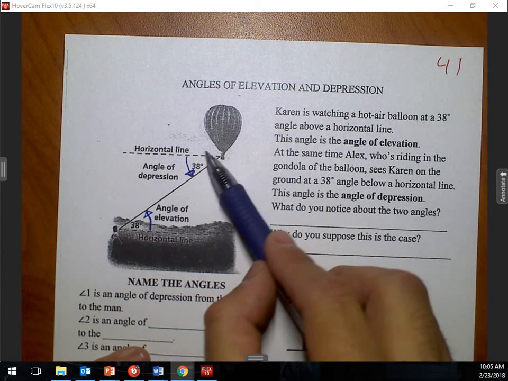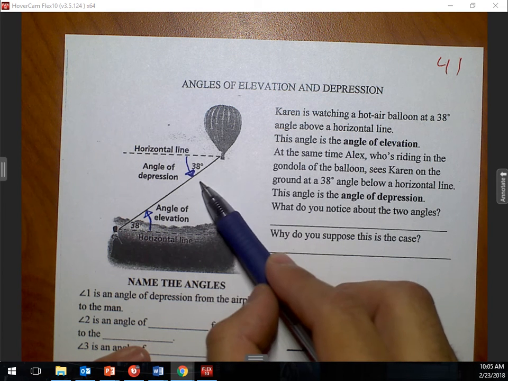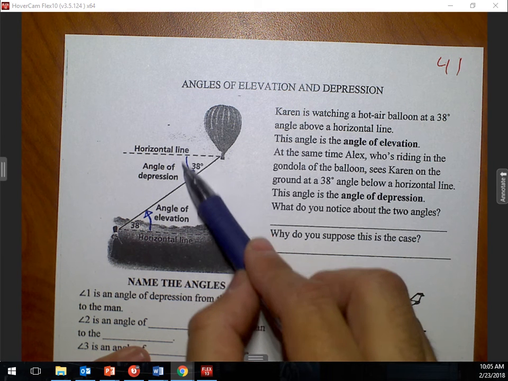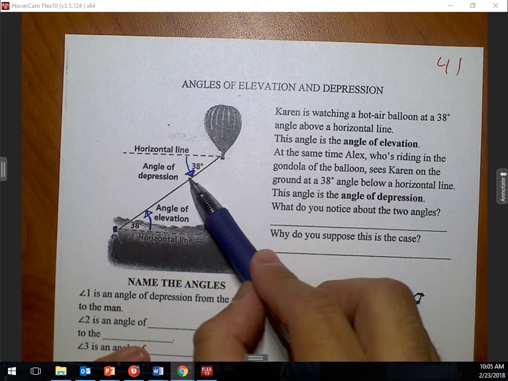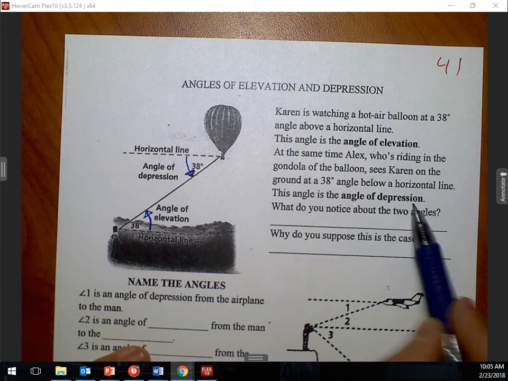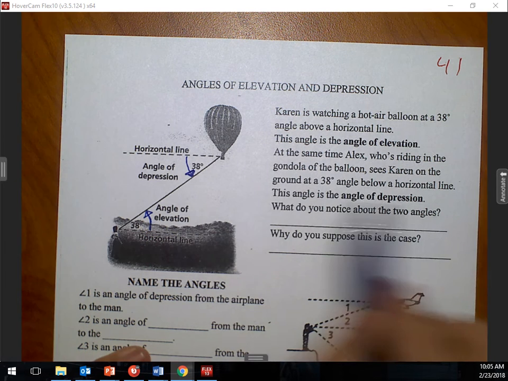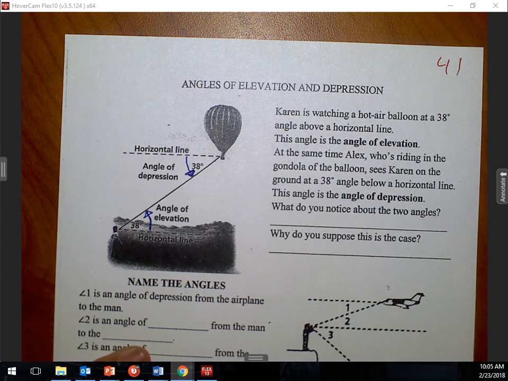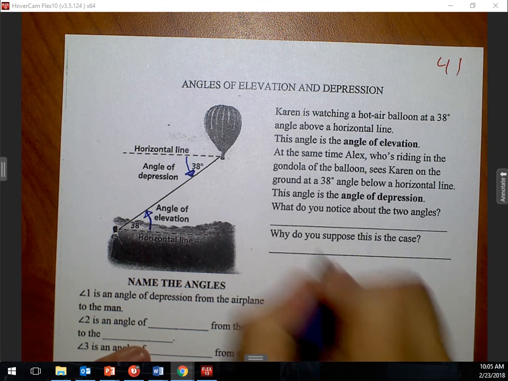So he's looking down at her, right? So there's your angle of depression. Angle below the horizontal line, angle of depression. What do you notice about the two angles? They are congruent. Very good.